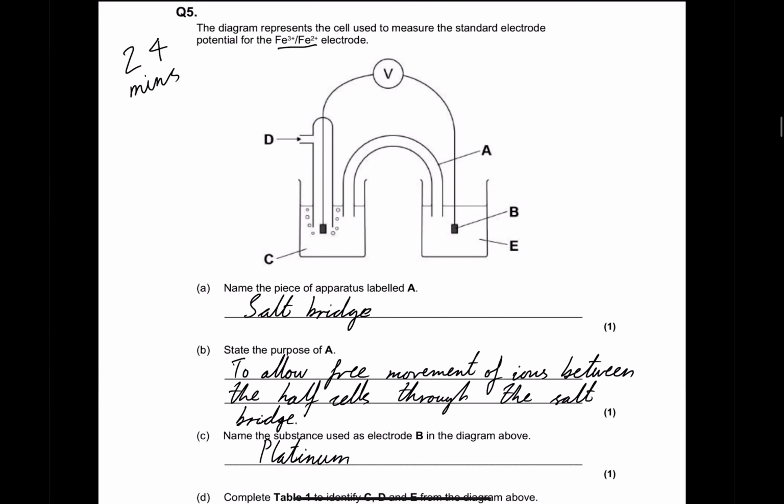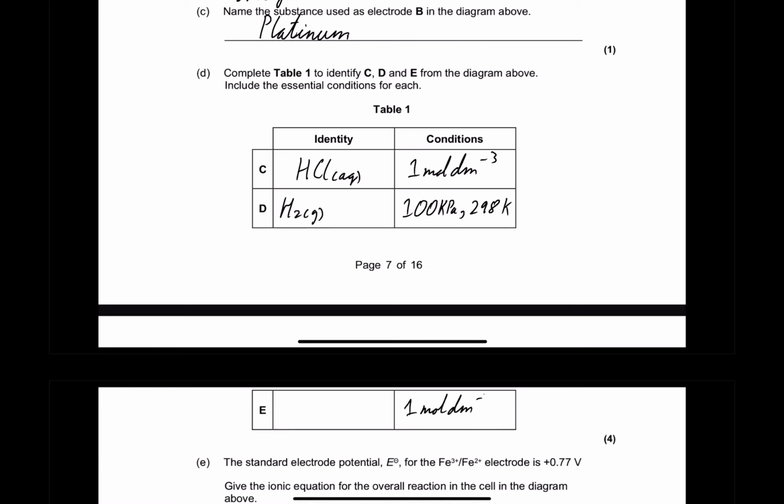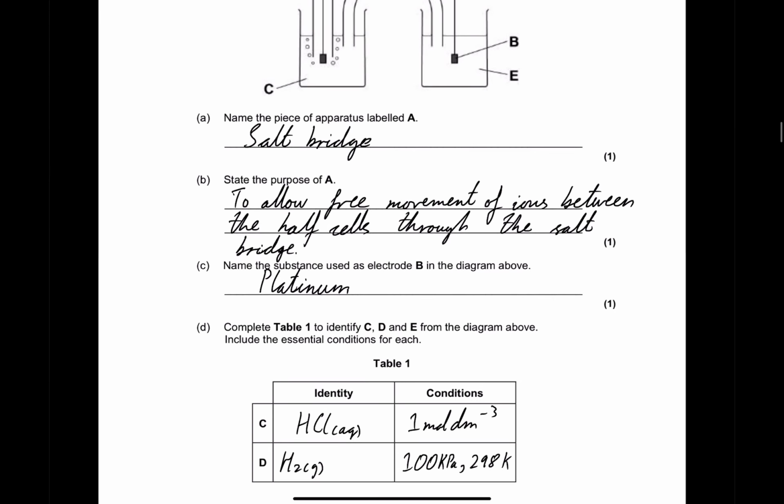E is 1 mole per dm cubed of the solution.